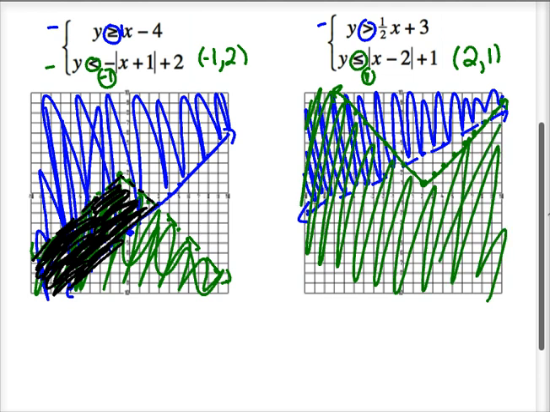And now I find my double shaded region. So my double shaded region is going to be like this. And then actually, it's hard to see, but over here you end up with another region growing right there.